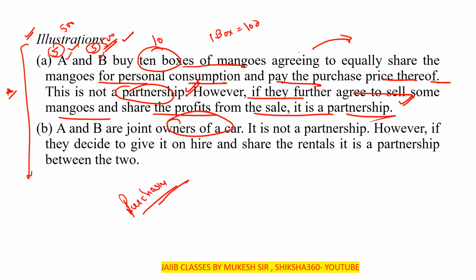Then we cannot say it is a partnership. However, if they decide to give it on hire, using the car for taxi purposes, and share the rentals, then it is a partnership between the two.